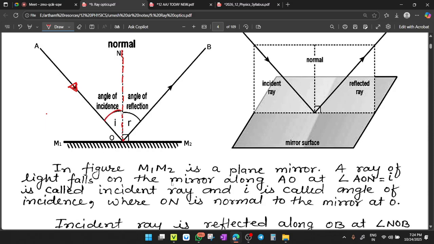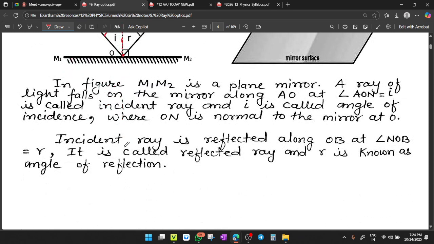Angle AON equals i is called the angle of incidence. The ray AO is the incident ray, angle AON is the angle of incidence, and ON is the normal to the mirror at the point O.